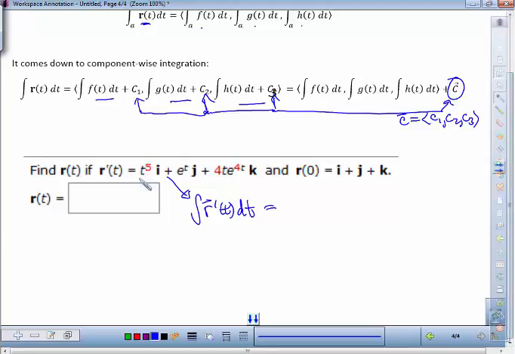So let's take the antiderivative of each of these things, and in the end, we'll remember that there is a constant vector outside instead of constants within the components. So the antiderivative of t to the 5th, I think it's t to the 6 over 6. Is that right? Yeah. So t to the 6 over 6 in the i direction. The integral of e to the t is e to the t in the j direction.